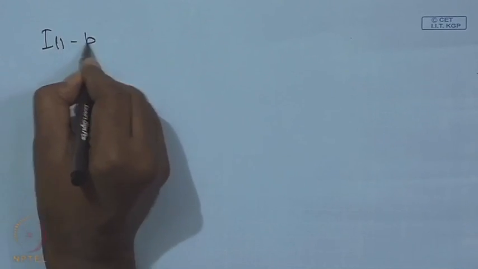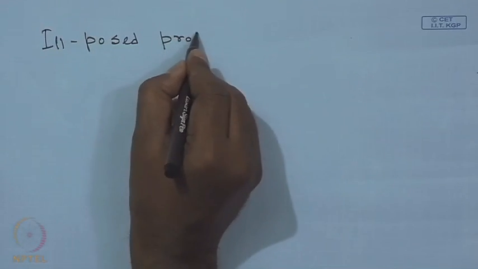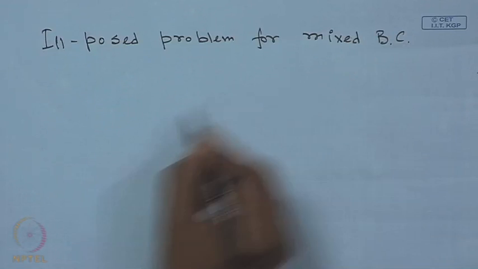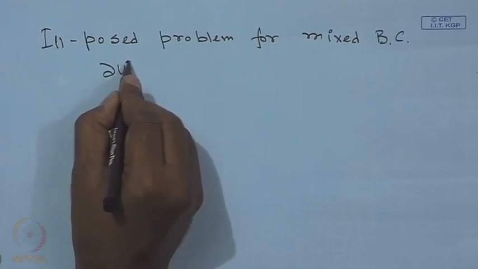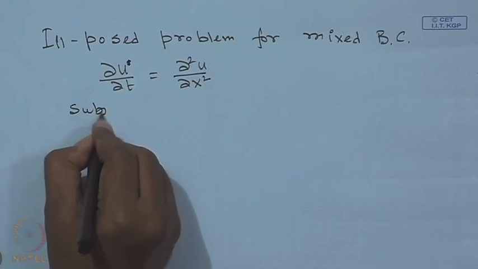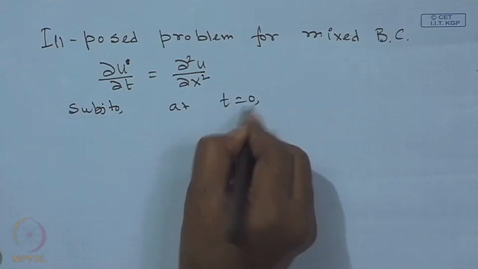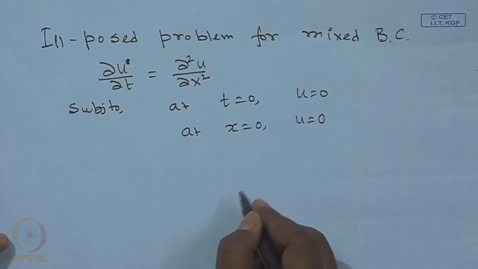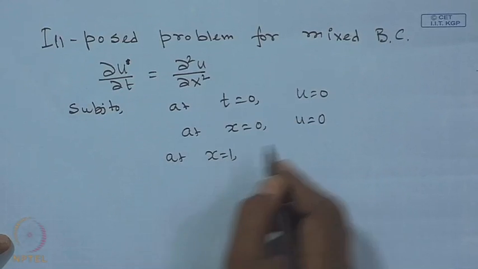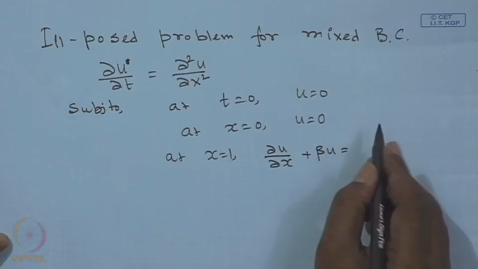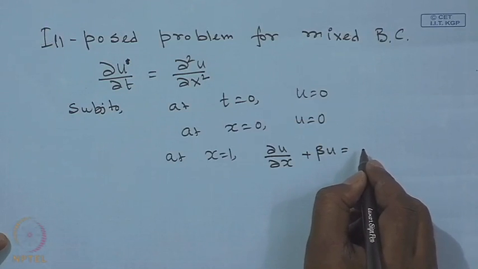So, if we do that, the ill-posed problem for mixed boundary condition will be del u del t is equal to del square u del x square, subject to: at t is equal to 0, u is equal to 0; at x is equal to 0, let us have a Dirichlet boundary condition there, u is equal to 0; and at x is equal to 1, we have, let us say, del u del x plus beta u is equal to some constant, let us say p.